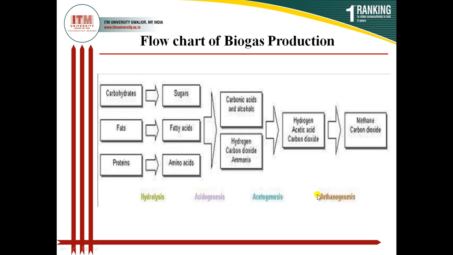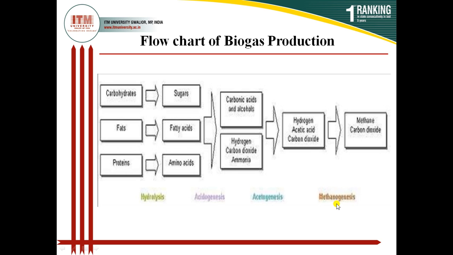So this process goes forward. First acidogenic bacteria work even in the absence of oxygen. Then acetogenic bacteria generate acetic acid, so they are called acetogenic bacteria. They generate acetic acid or acetate.